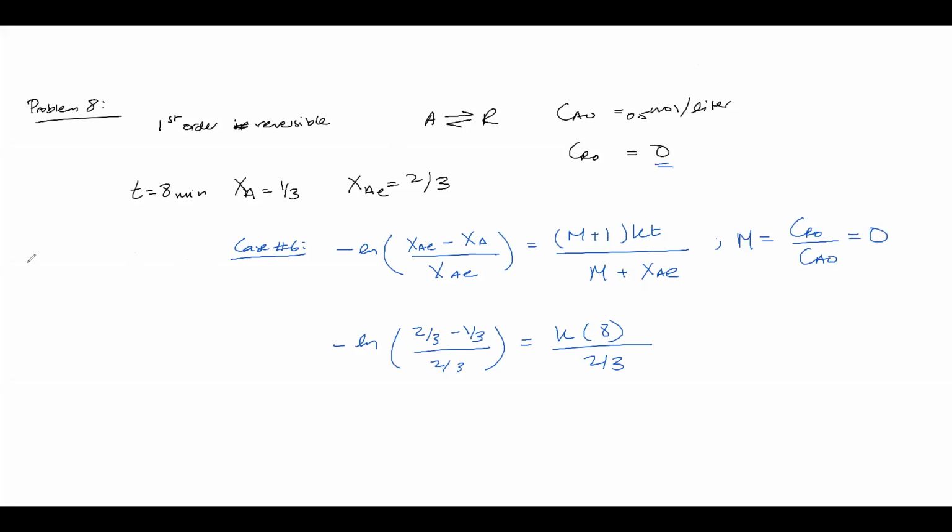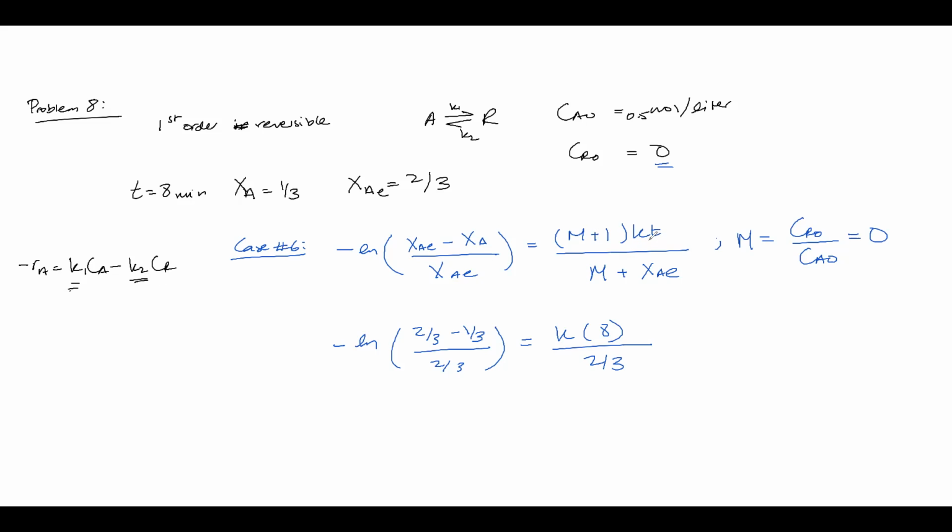A goes to R, the forward reaction, let's define it as k1, the backward reaction as k2. So the rate of consumption of A, minus rA, will be k1 CA, the forward reaction, minus however much I'm getting, which is k2 CR. And I need to find a value for k1 and k2.